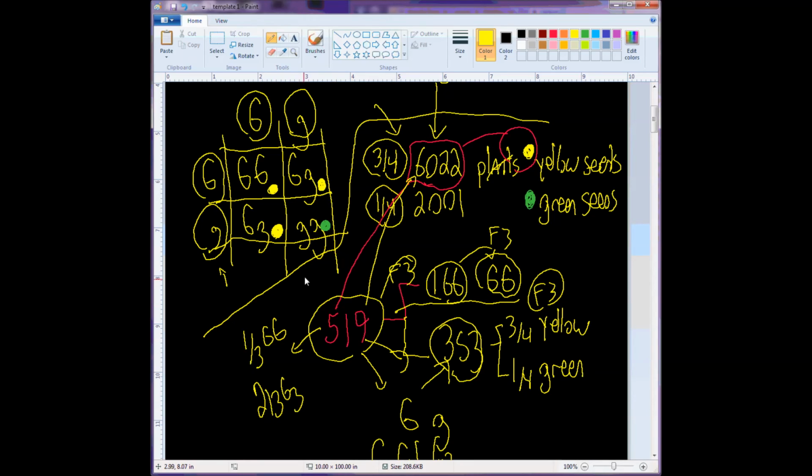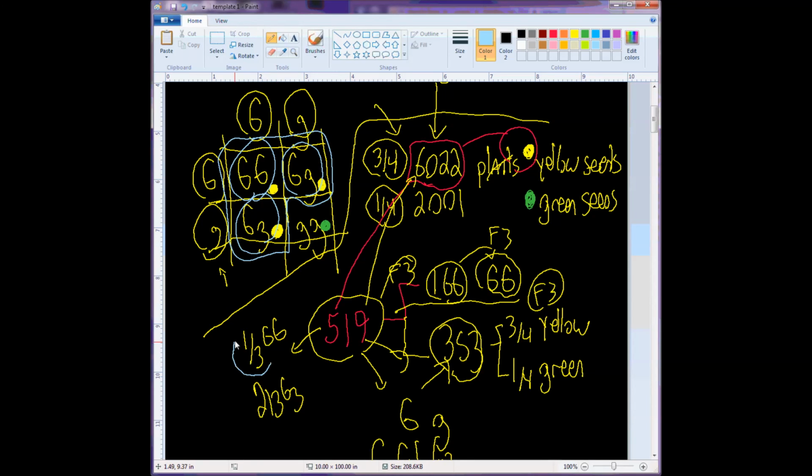Why is that? So look up here. Of all the yellow plants in this original Punnett square for the F2 generation, there are 3 ways to get yellow plants, with 2 genotypes possible. So we have 2 big Gs, 1 out of 3, a big G and a little g for the other 1/3, and a big G and a little g again for the other 1/3.